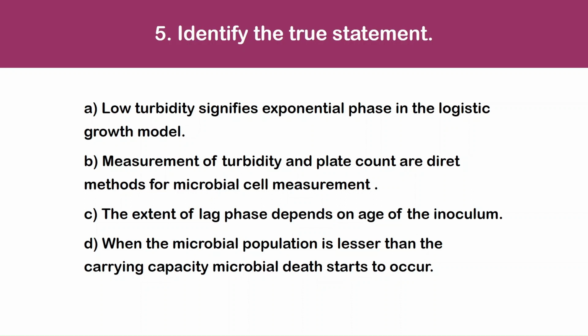But when your N naught is greater than K, it tends to come down to K. When the microbial population is lesser than the carrying capacity, growth starts to occur, whereas when the microbial population is greater than the carrying capacity, death starts to occur. So that is the difference here. I hope this is clear.